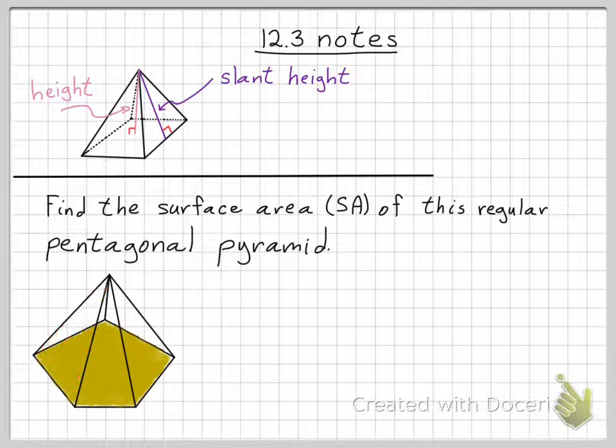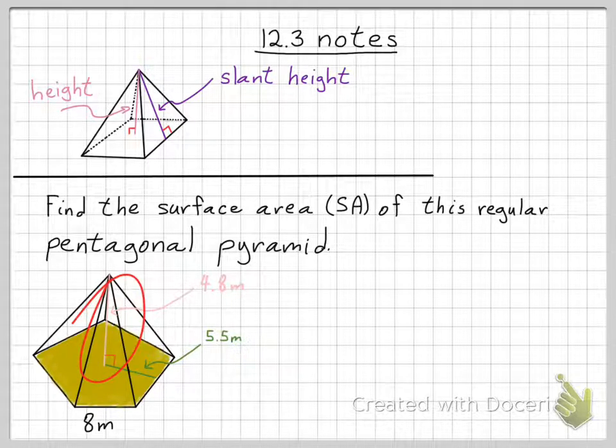So it's 1, 2, 3, 4, 5 triangles plus the area of the pentagonal base that will give me my total surface area. The height of this pyramid is 4.8, the apothem is 5.5, and the side length is 8. Okay, so let's work on this problem.